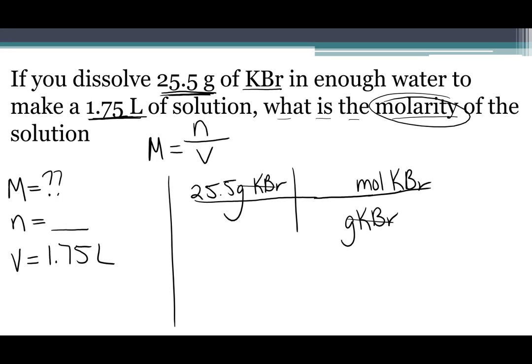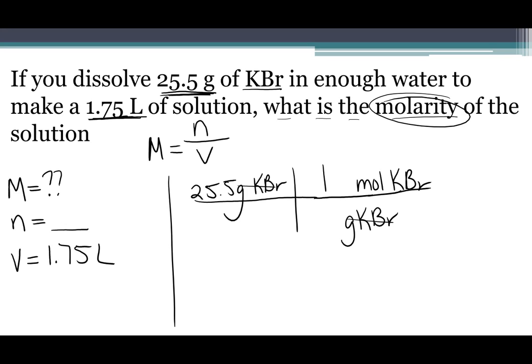So how do we determine the number of moles of KBr? Well, remember, we use the molar mass. So in 1 mole, and then we go to our periodic table to get the molar mass of KBr.